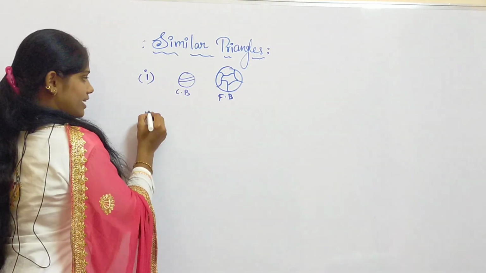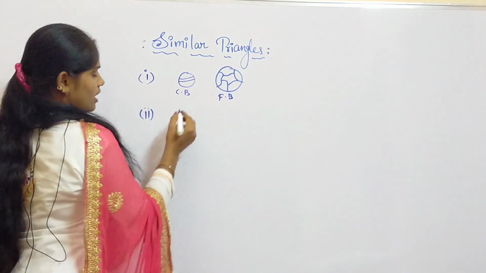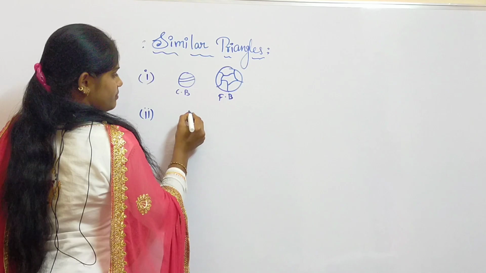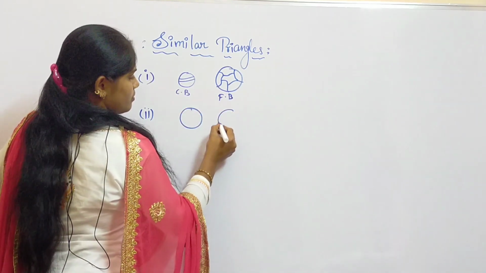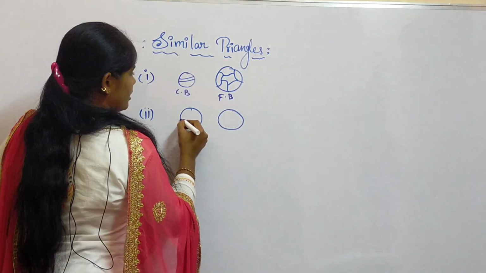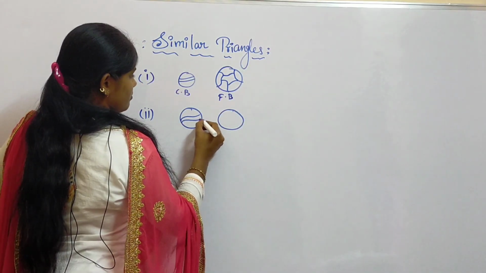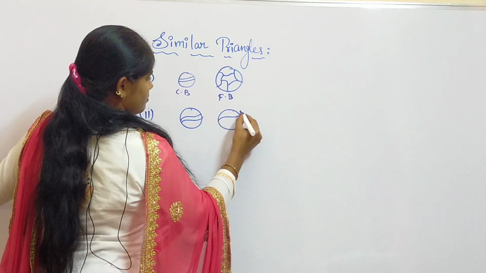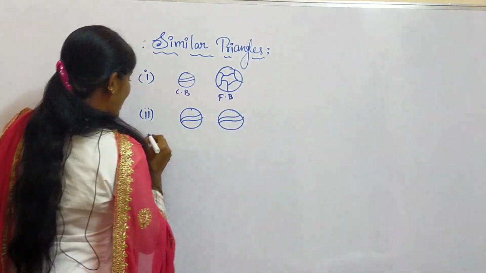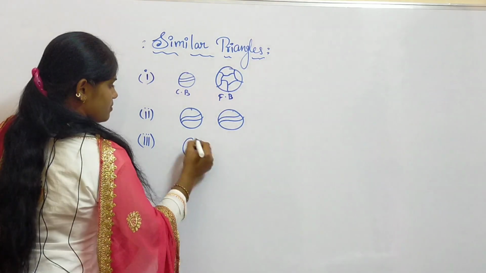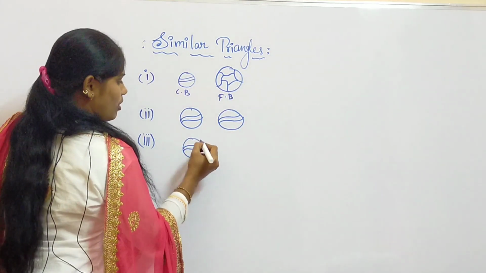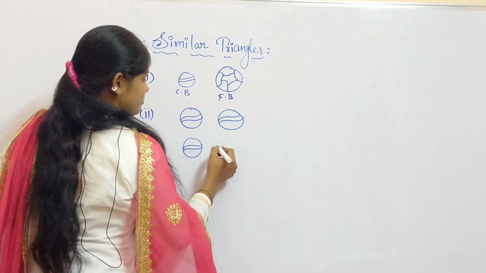And in the second case, let us consider two cricket balls. And in the third condition, let us take a cricket ball and a dice.